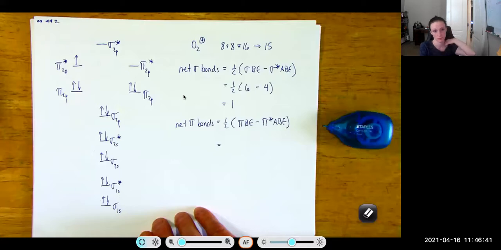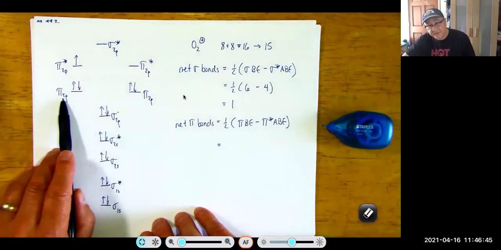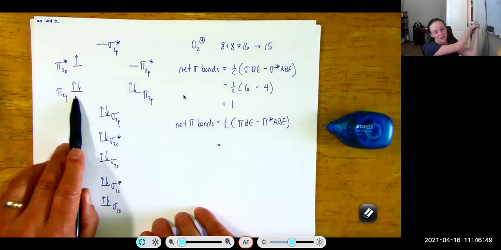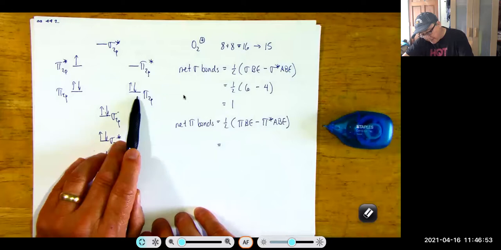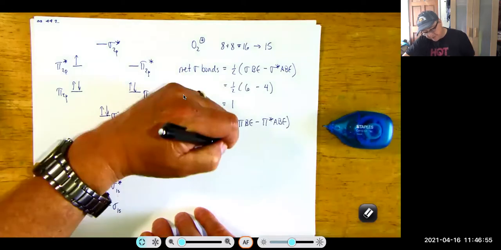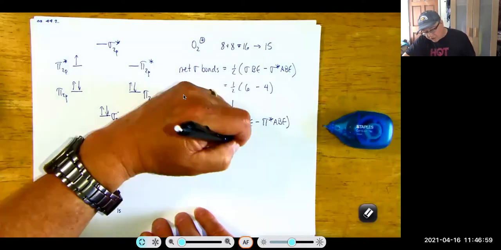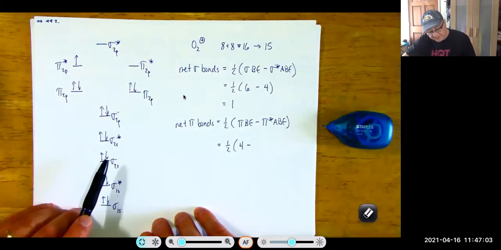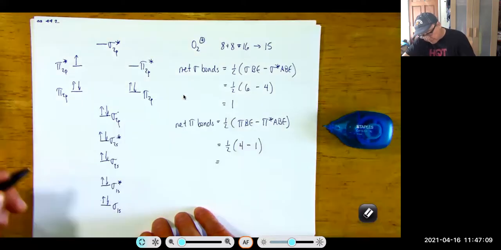Okay, are these bonding electrons or anti-bonding electrons? Bonding. So how many there? 2. How many there? 2. So how many pi bonding electrons? 4. Excellent. How many pi star anti-bonding electrons? Just 1. So 4 minus 1 is 3. So you got a 3/2 bond order.